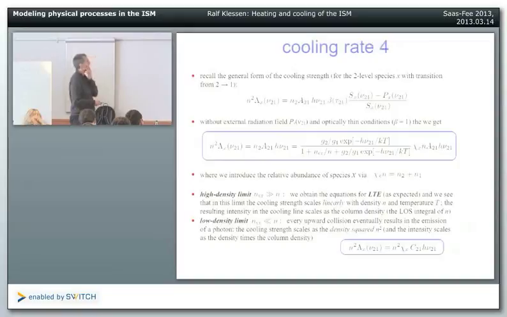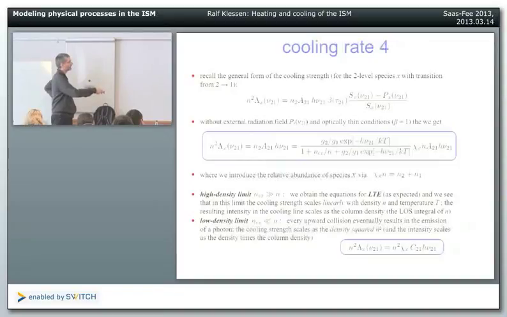Now we can go to the equation we had before and plug in what we had. The cooling rate, and we end up with this expression here, where we introduced now the total density and the fraction of the species is given by the fractional abundance here. Again, for high densities, we obtain local thermodynamic equilibrium as expected before.